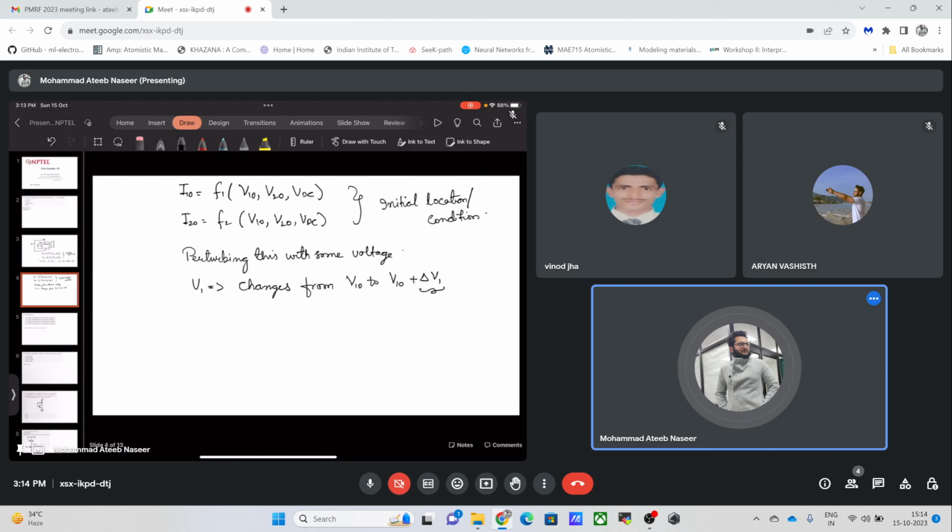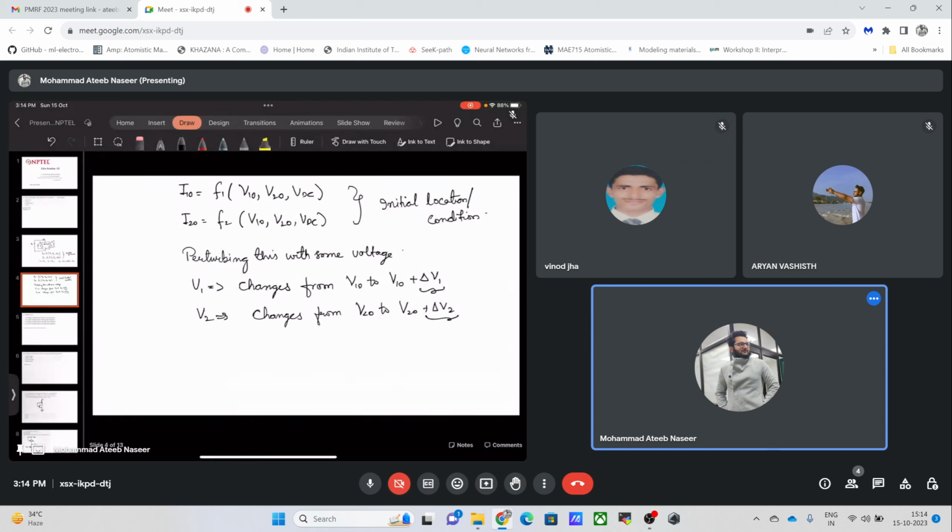This is the small perturbation that we will have. Similarly, corresponding to V2, we will also have some change, and it would change from V2 of 0 to V2 of 0 plus delta V2. As simple as it gets.